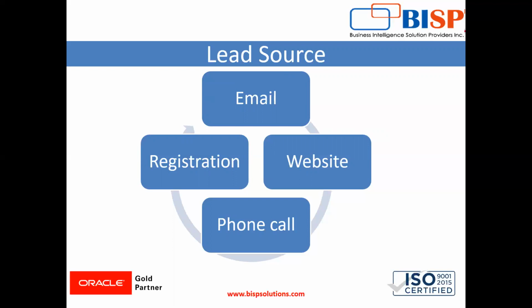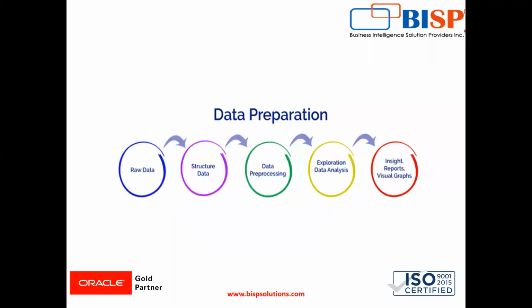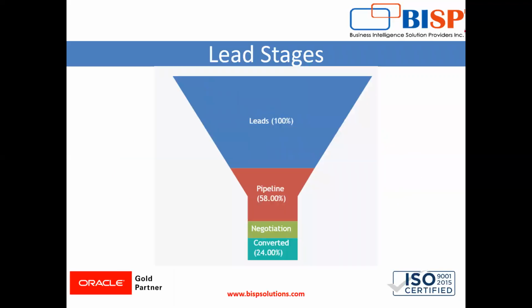We dump all the leads into the database, then we extract the leads and perform some actions like data processing and data exploration. After that, we present the data in the form of charts so that the admin or sales head can come to know the status of all the leads, how many leads are in pipeline, how many are in negotiation. This is a funnel chart.